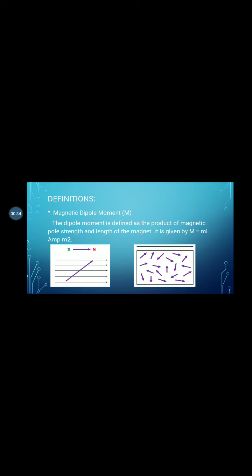We should know that there are two types of magnets: permanent magnet and electromagnet. In a permanent magnet, you have seen there are two poles, N pole and S pole.